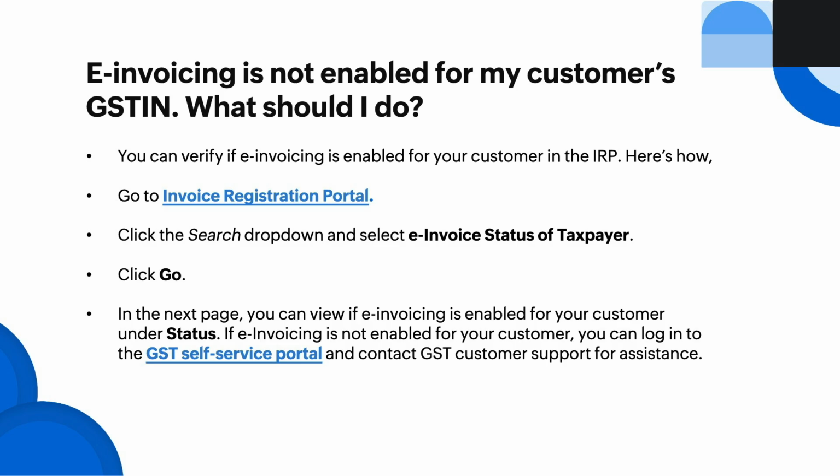In the invoice registration portal, you can search for the GST number of your customer and you will be able to see the status of e-invoicing for that particular GST number. If e-invoicing is not enabled, you can contact the GST self-service portal and get help in enabling e-invoicing for your customer's GST number.